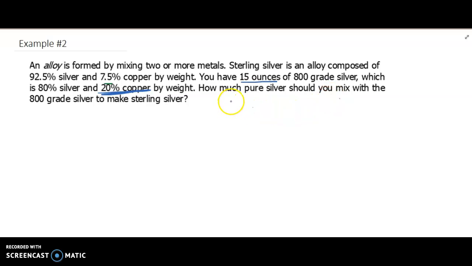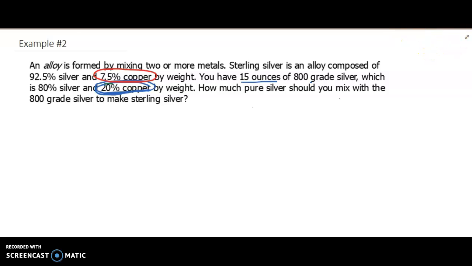So we want to find out how much pure silver we need to add to make my 800 grade silver be sterling silver. The difference right now is what we have has 20% copper in it, and we want sterling silver, which only has 7.5% copper in it. So, if you will, we want to make the alloy we have now have more silver in it. So we have to know how much straight silver we have to add to it.